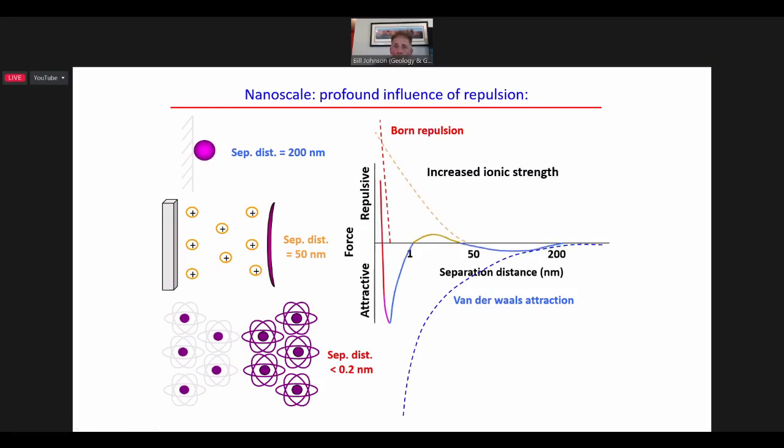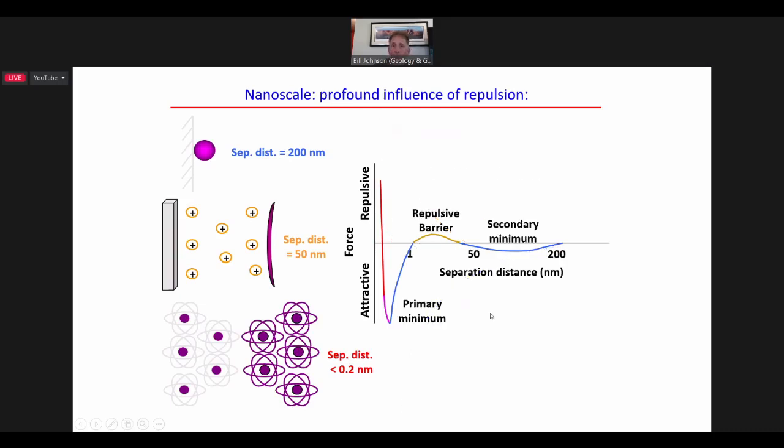And so increased ionic strength, where you increase the counterions between the surfaces, decreases that repulsive barrier and changes this profile. But the shape of the overall profile is known by a primary minimum at very close separation distances, that's attractive, a repulsive barrier at intermediate separation distances, and then a weak attractive zone called the secondary minimum at still greater distances than the repulsive barrier.